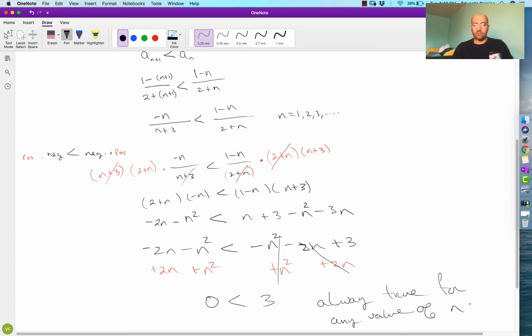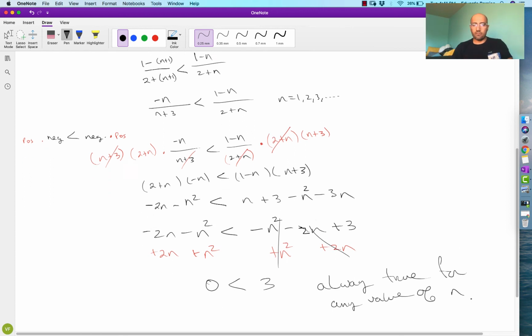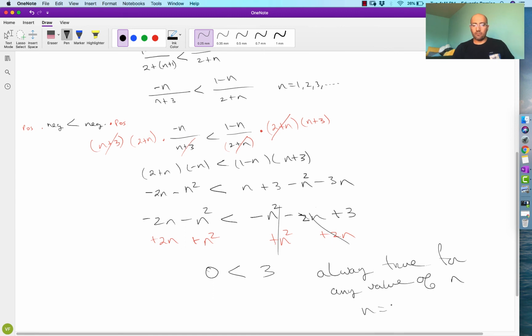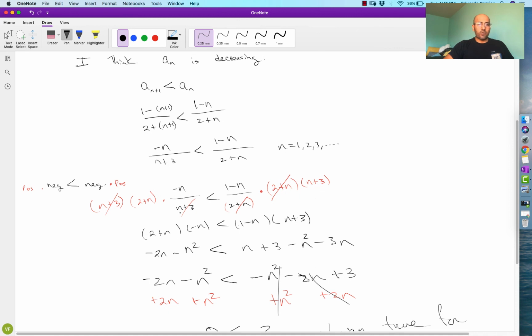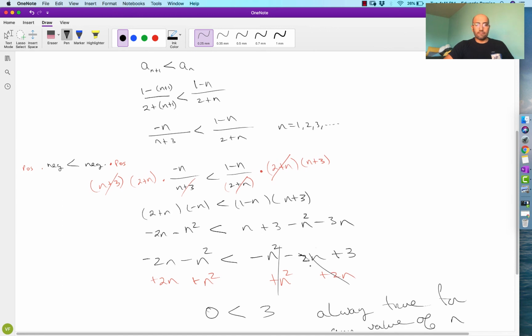Of course, n was any value where n is 1 or 2 or 3 or and so on. It's important to point that out because when we multiplied both sides by this value, we were counting on them being positive values, so we didn't have to change the direction of the inequality. So that was important.